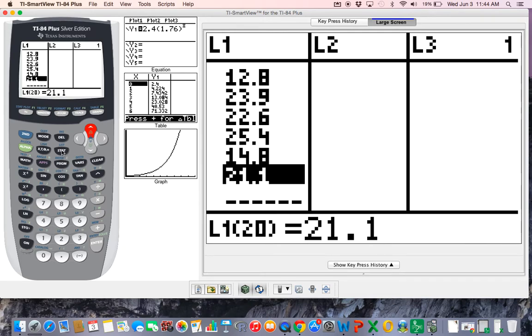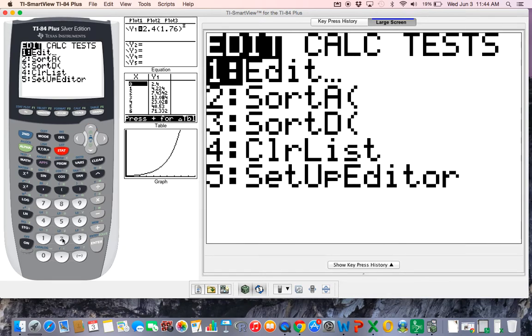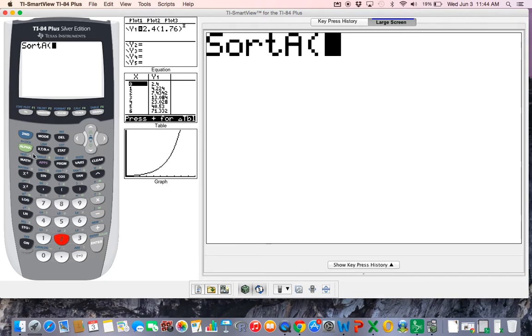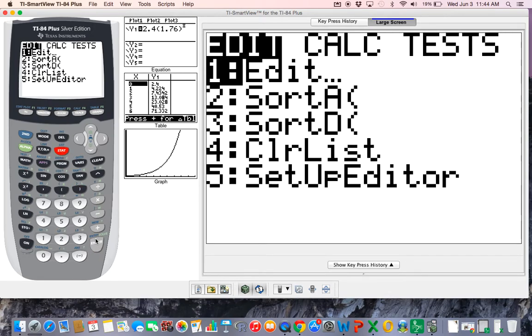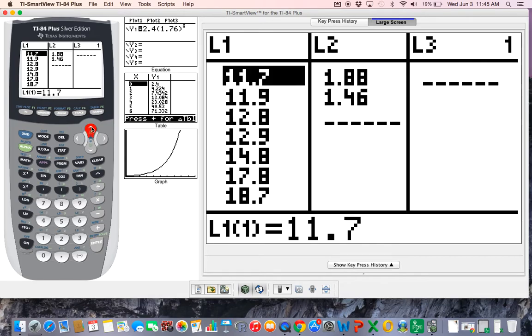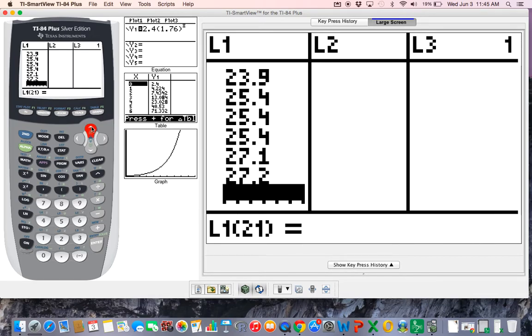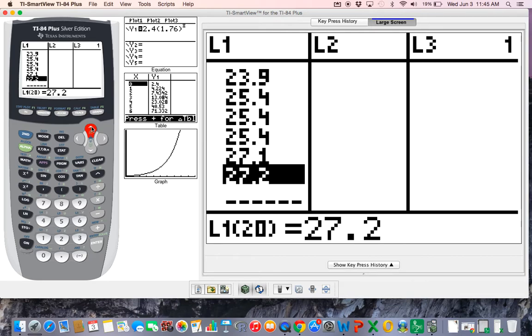All right. So what I want to do here is go through this whole sort ascending thing again and make sure that 25.4 was indeed my mode. It'd be kind of embarrassing if I found out that it wasn't. And it turns out that it is. Okay, cool.